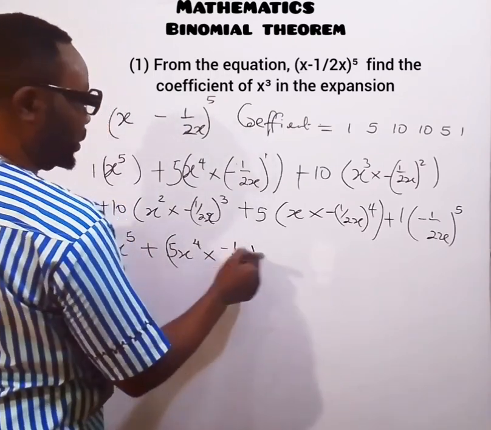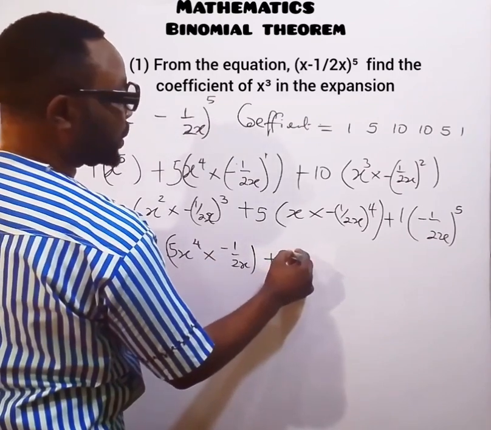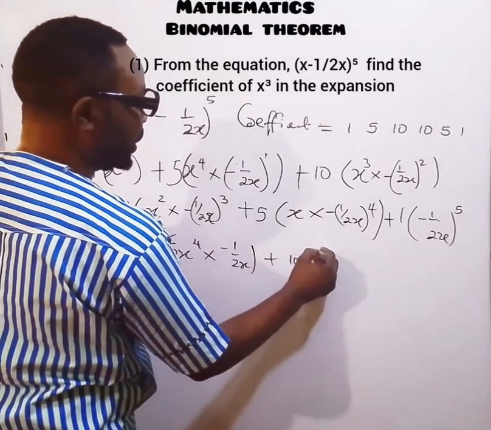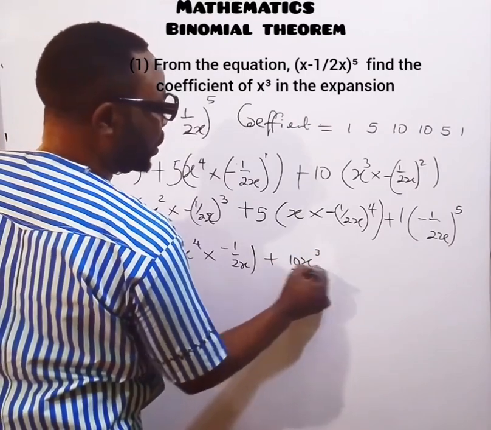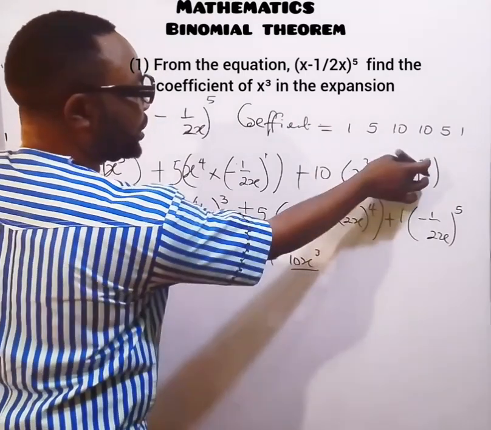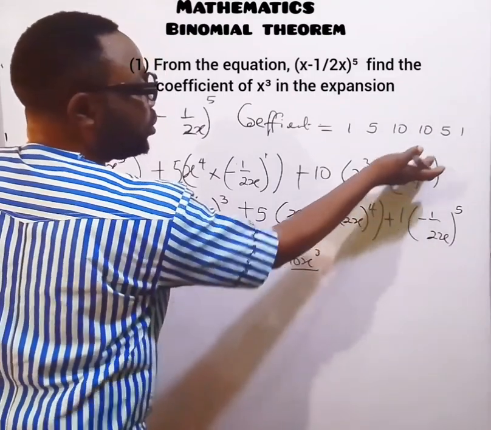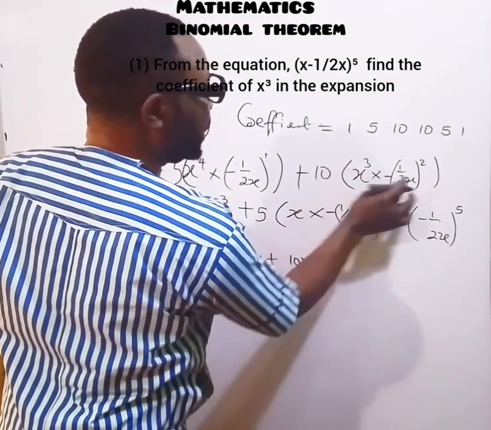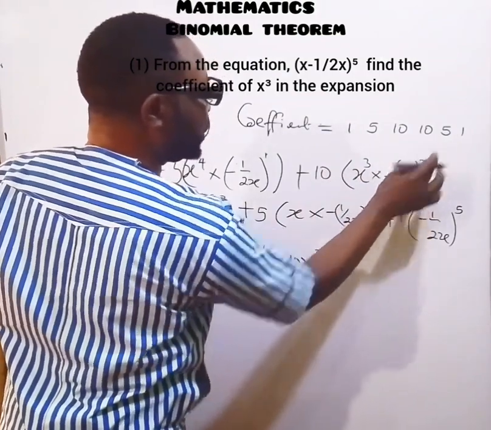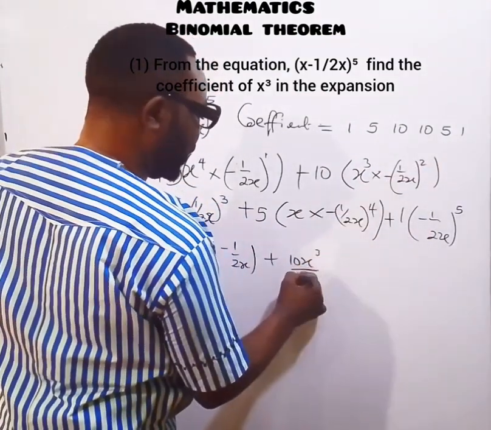Plus 10x raised to the power of 3 multiplied by, over, 1 raised to the power of 2, which will be equal to plus 1. Then we have this to be minus 2x raised to the power of 2, that will be equal to 4x squared.